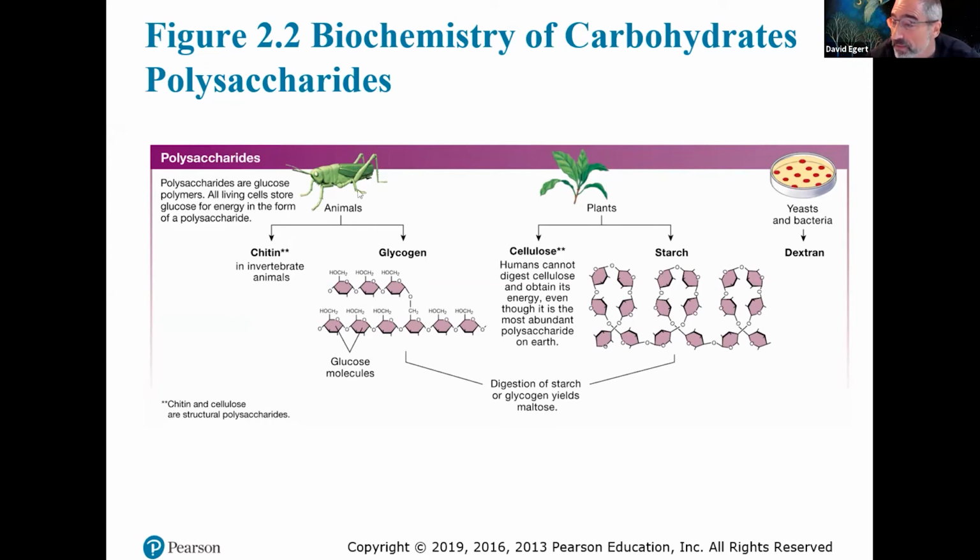Polysaccharides, again, the starch, cellulose, we've talked about. Glycogen is like the animal starch. Chitin is similar. I think chitin has a nitrogen in it as well, but it is the main structural carbohydrate in insects and crustaceans. It's like the shell of a shrimp.